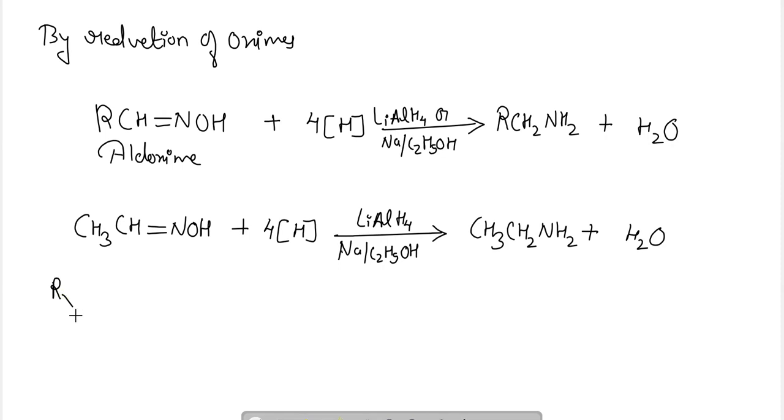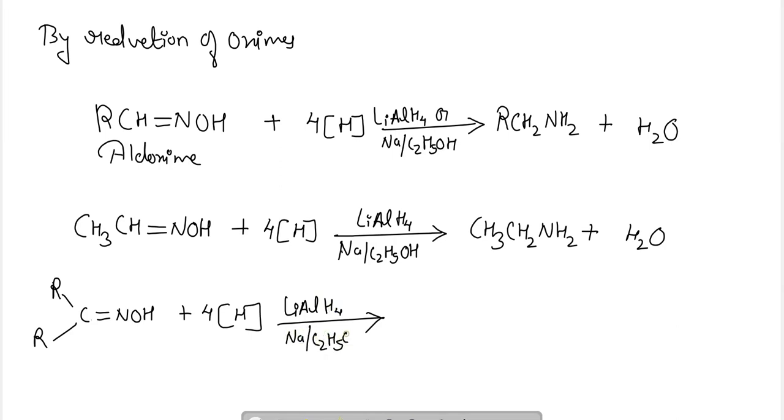With ketoximes also we will obtain the amides on reduction of ketoximes in the presence of lithium aluminium hydride, sodium with ethanol. Here also primary amine will be obtained out here.